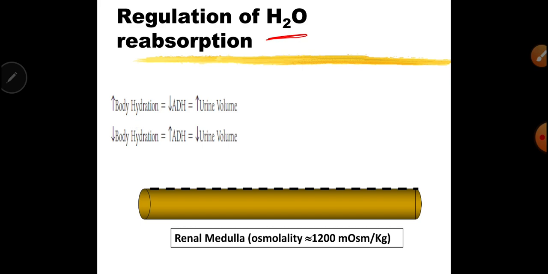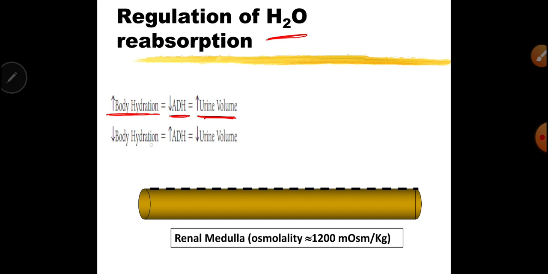The hormone is produced from a specialized site in the pituitary gland according to the osmolality of the blood. If there's an increase in body hydration, this hormone will not be produced, it will be inhibited, and this will increase the urine volume.